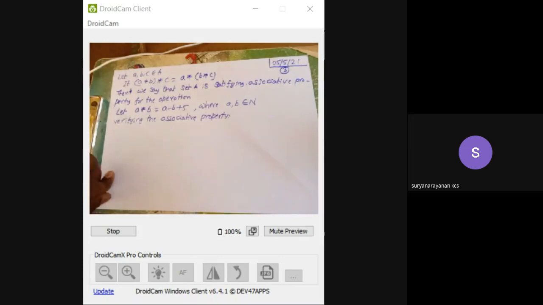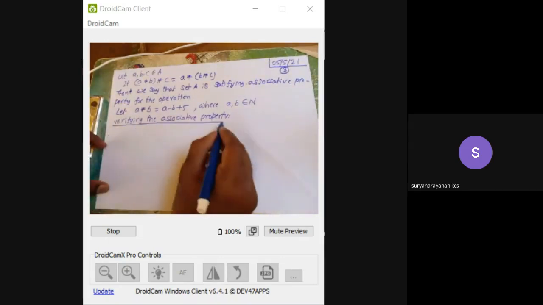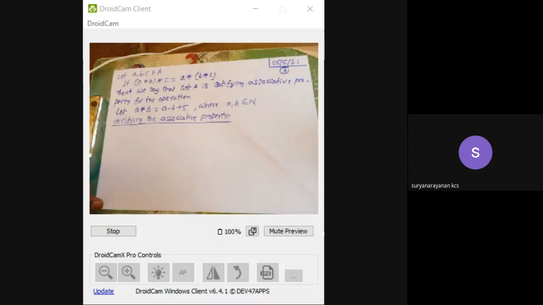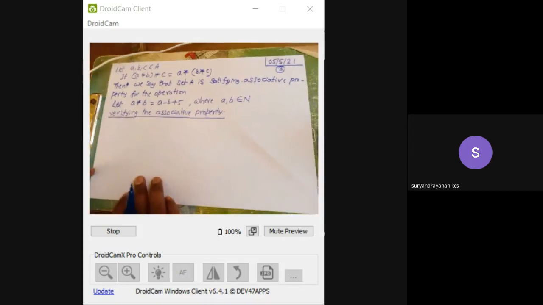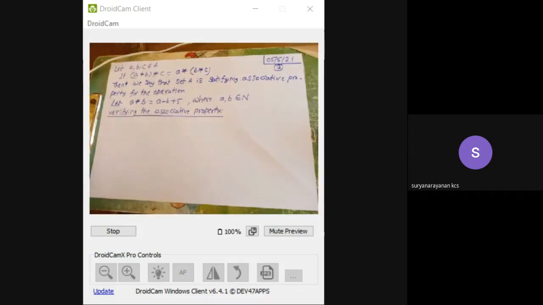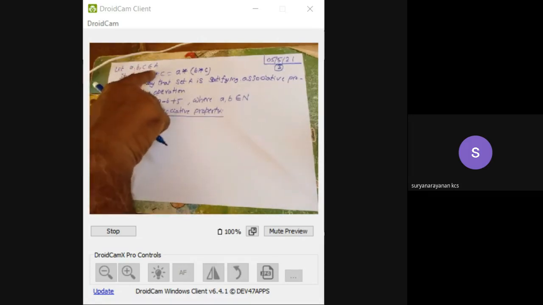To check or to verify the associative property, how many numbers are required? How many numbers are required here? Three, sir.